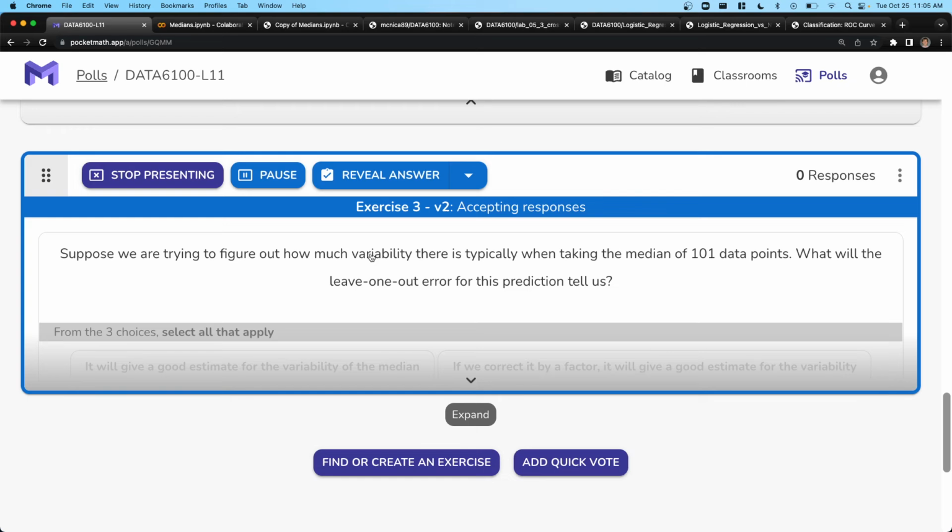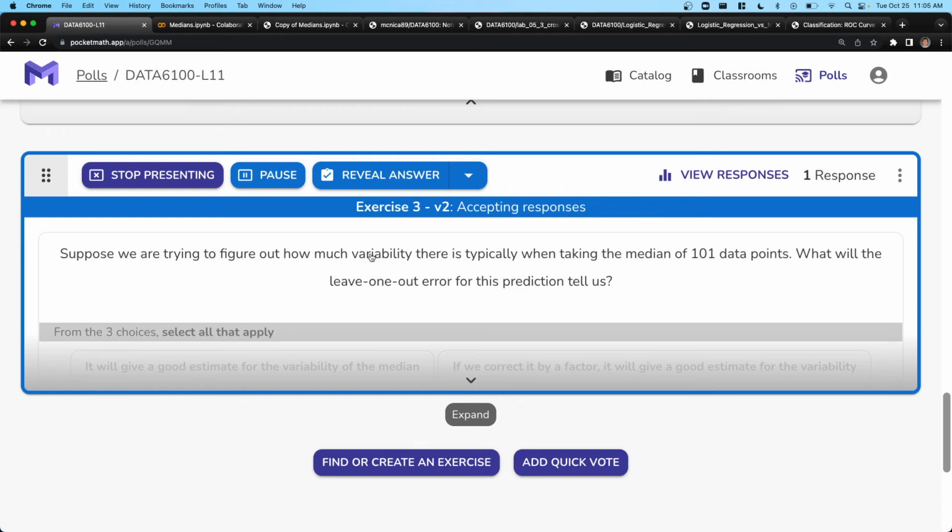I want to clarify, it's 101 actual numbers. Every time you leave one out you have the rest, 100, to calculate the median. Next time you take another out, you have another rest. You calculate the median. That's right.